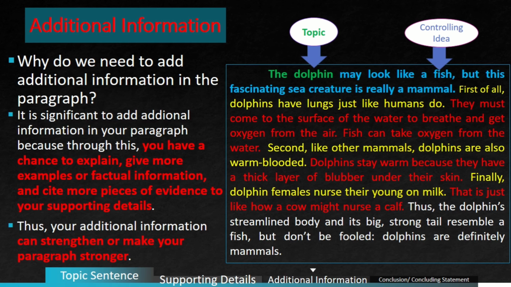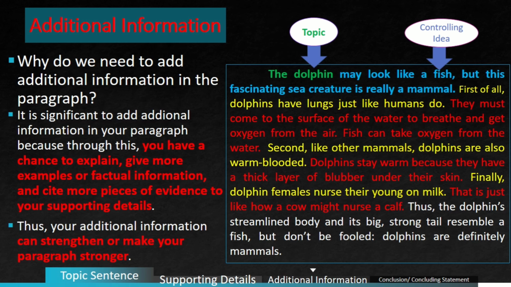And in our third and last supporting detail, we have, just like how a cow might nurse a calf. So we are given an example of how a mammal like a dolphin and a cow nurse their young.